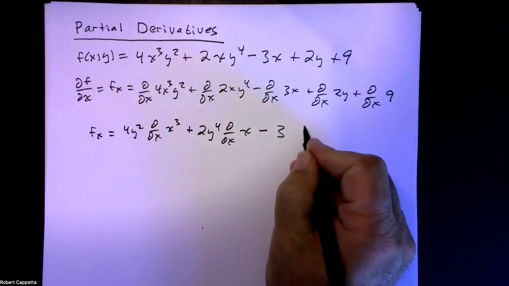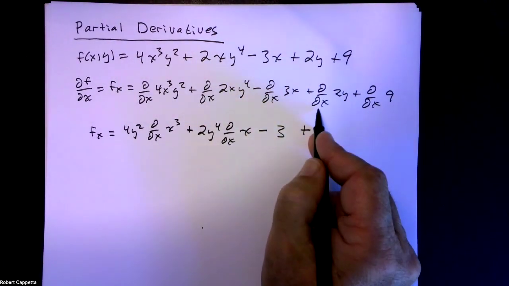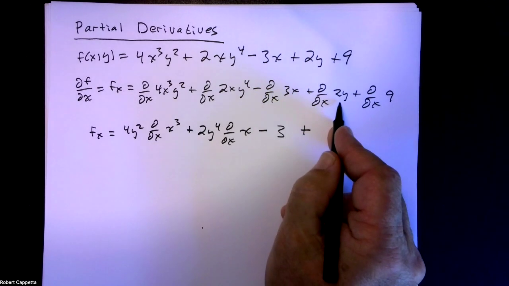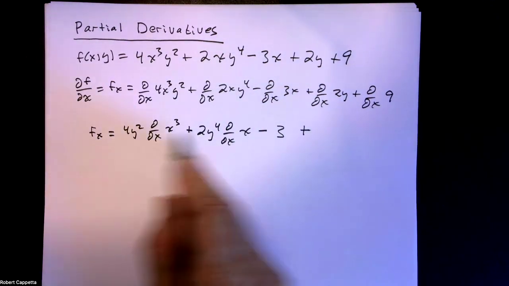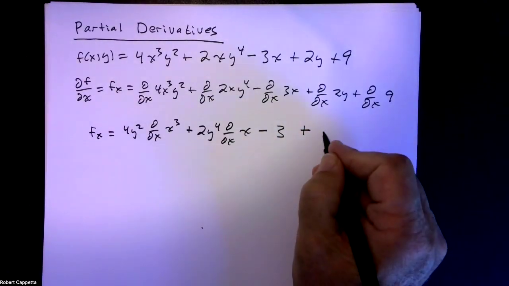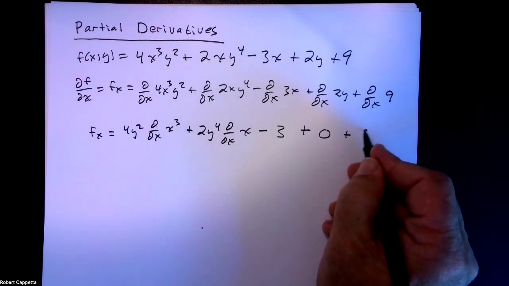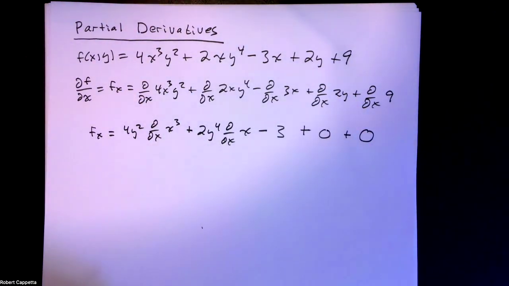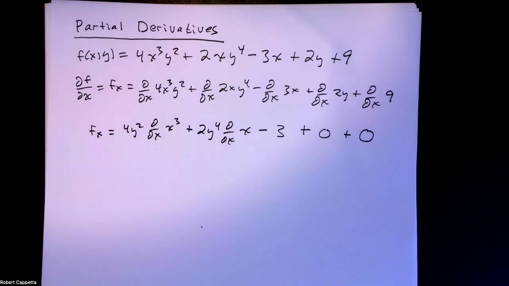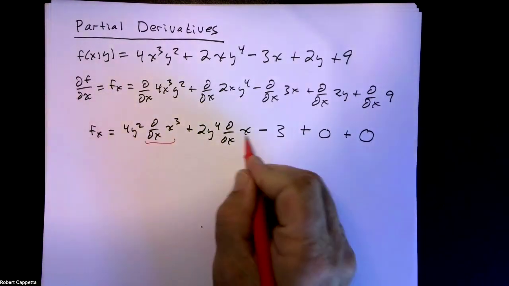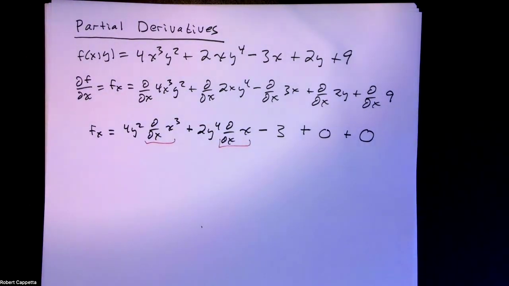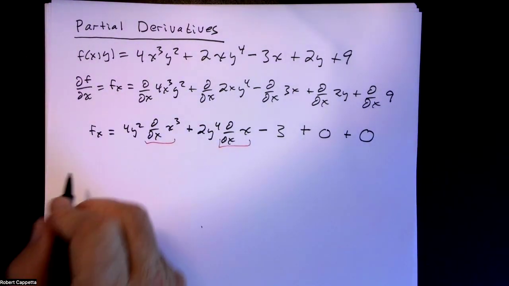No issues there. Plus the partial with respect to x of 2y. Well, y is thought of as a constant here since we're taking the partial with respect to x, and the derivative of a constant is 0, as is the partial with respect to x of 9. So now we have just functions of x after our partial derivative operators. So once that's the case, you just take it as a derivative.